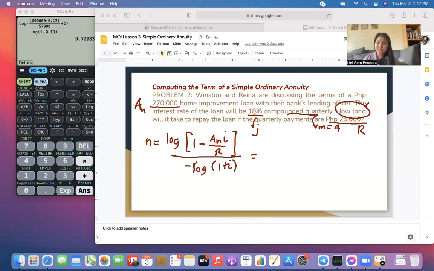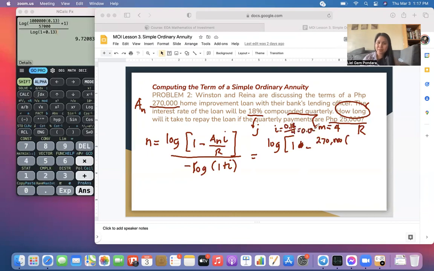Now let us start substituting. That's log of 1 minus 270,000 times our I. What is our I, by the way? 0.045.